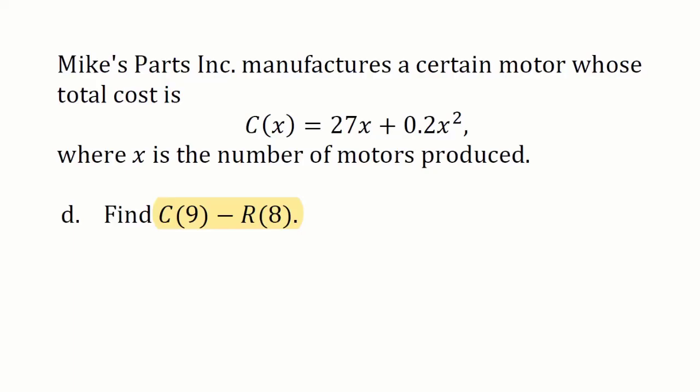Okay, so back again to question D. We want to find the difference between C at 9 and, I mean, this is a typo over here, C at 8. I apologize for that, but it's C9 minus C8.